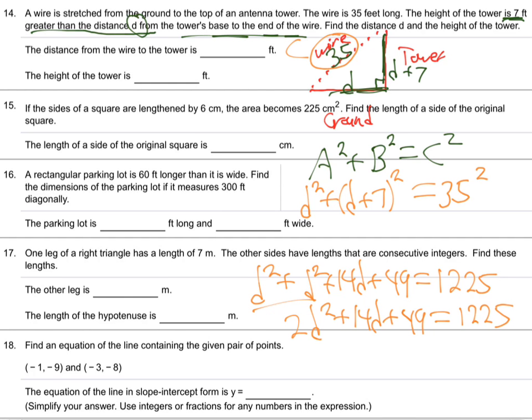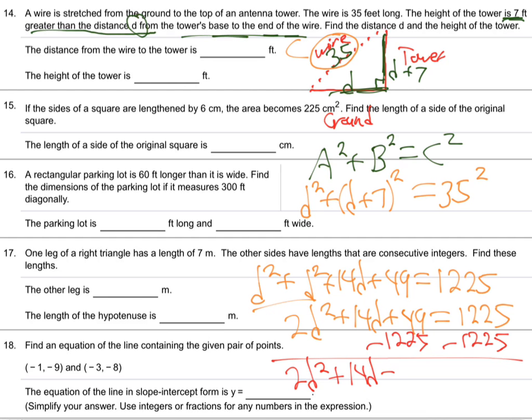And then what do you do from here? You've got to get a 0, huh? This is a terrible problem. Subtract 1225 because you've got to get a 0. So 2d squared plus 14d minus, somebody got that? 1173?